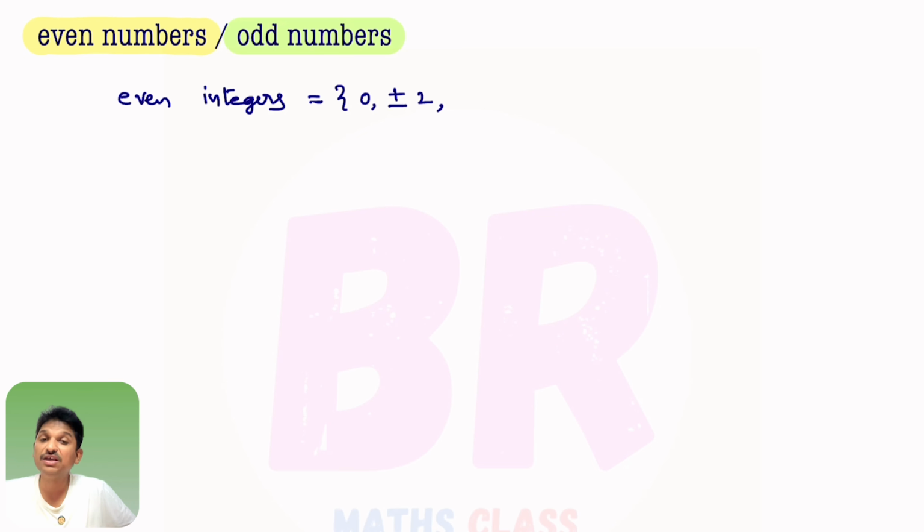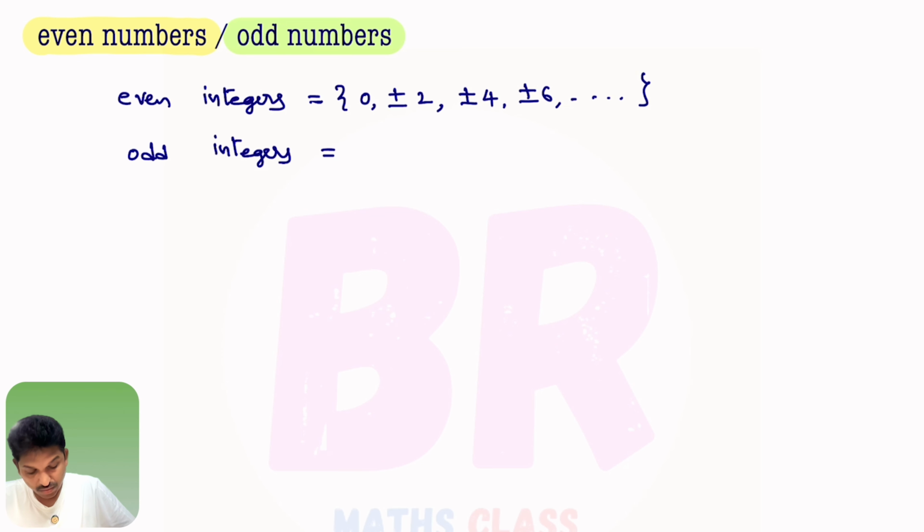Minus 2 is also an even number, because minus 2 is a multiple of 2, divisible by 2. Plus or minus 4, plus or minus 6, like this. These are all even integers. What are odd integers? Plus or minus 1, plus or minus 3, plus or minus 5, like this. These are all odd integers.